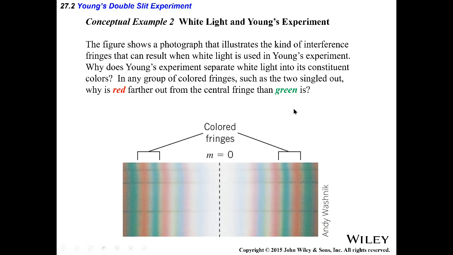And the question was, why is red farther out? Well, that's because of the basic formula here. Since the red wavelength is longer than the green wavelength, theta would be bigger. That's why it would be further out. All right, so we ended there.